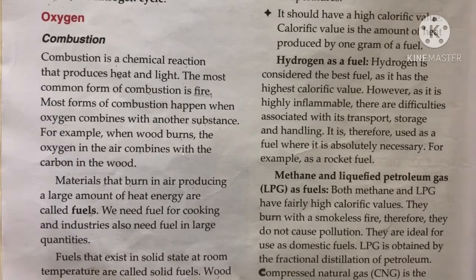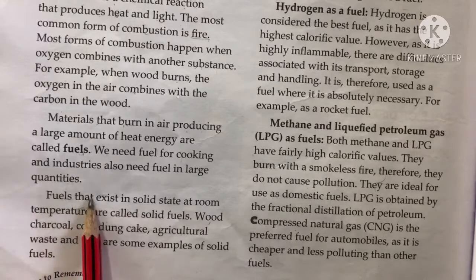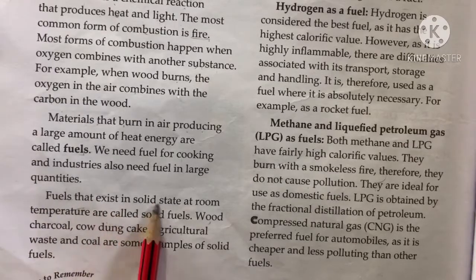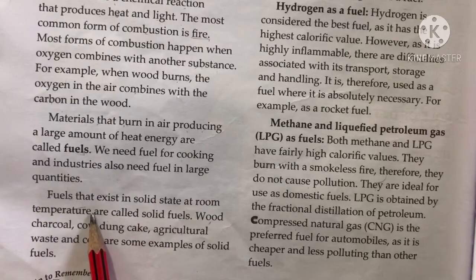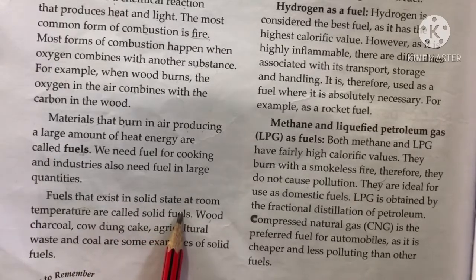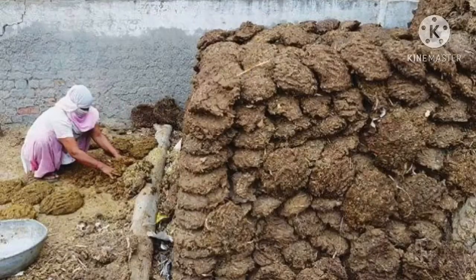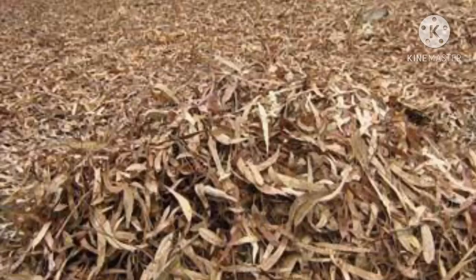Let's see the first type of fuel. Fuels that exist in solid state at room temperature are called solid fuels. For example, wood, charcoal, cow dung cake, agricultural waste and coal.